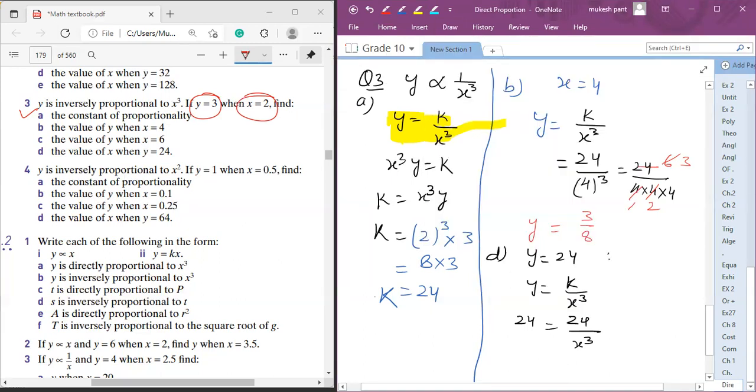Let's understand. 24 into x cube, 24 x cube equals 24. So x cube equals 24 over 24. So 24 over 24 means 1. Cube root of 1 is 1. So whatever is the power of 1, the answer is always 1.